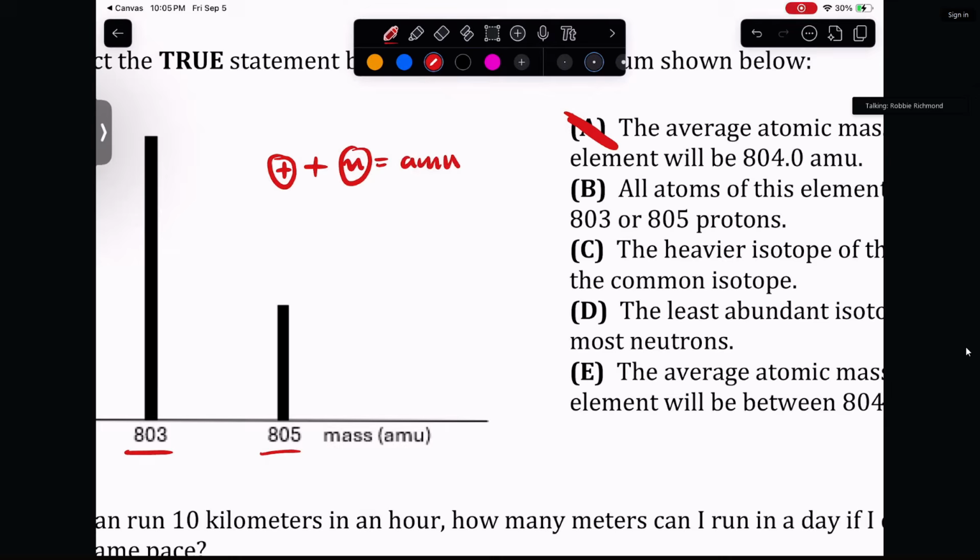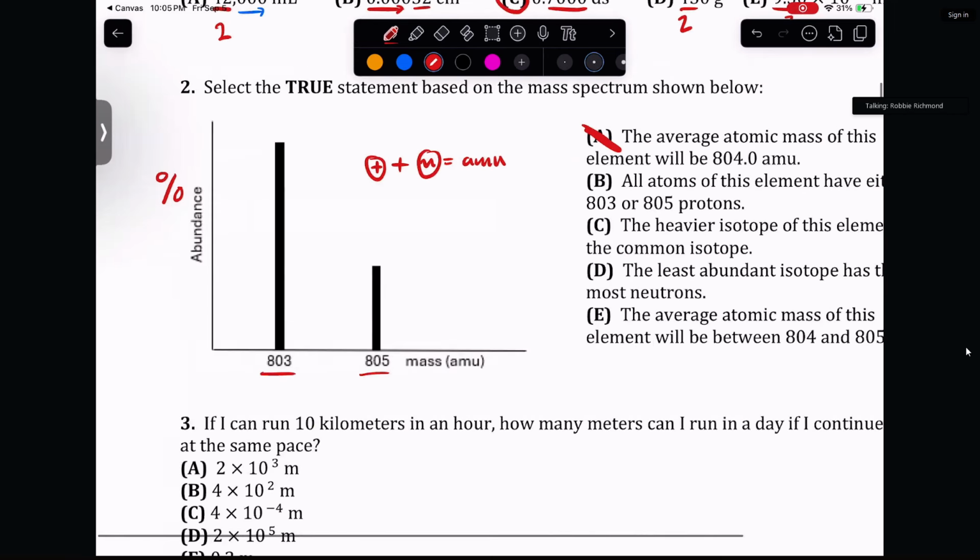Now, the reason why we don't include electrons in this mass count is because they're so small that for general chemistry and for most chemists in general, we just consider that insignificant. So B, wrong.